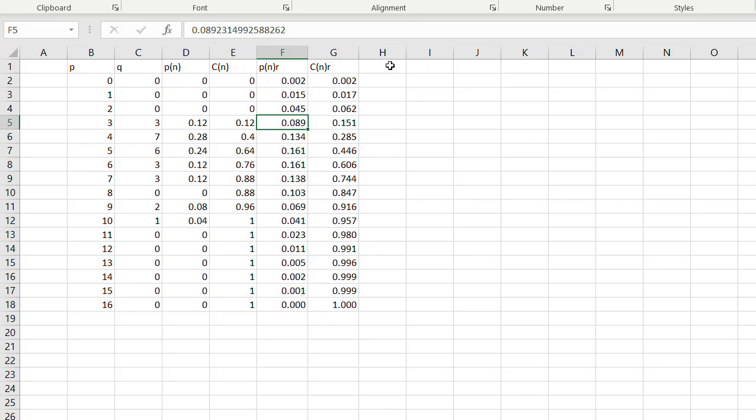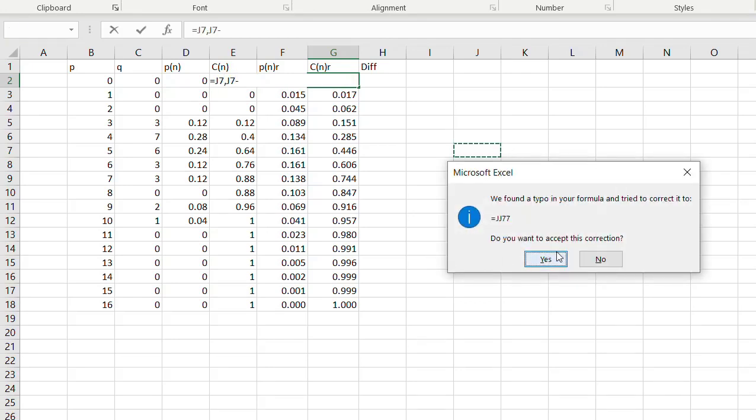Okay. So in order to determine whether or not our observed patterns are statistically significant, what we do now is we take the difference in cumulative probability between the observed and the random. So put another way, it is this number minus this number. Yes, accept the change.